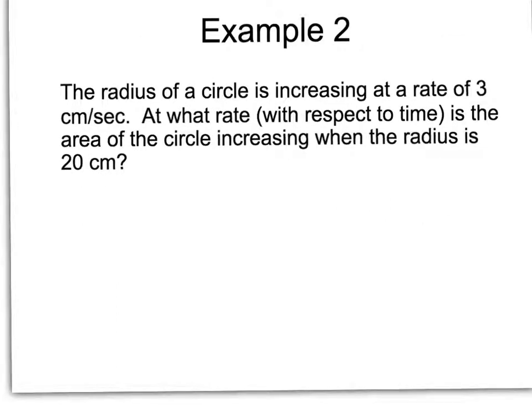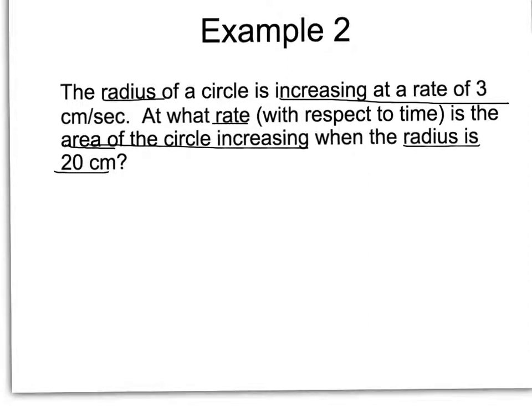Another example would be looking at the radius of a circle that is increasing at a rate of 3 centimeters per second, and asking at what rate with respect to time the area of the circle is increasing when the radius is 20. We look for how fast the area is increasing, which tells me what I'm looking for, and I know the radius is increasing at a rate and exactly what the radius is.